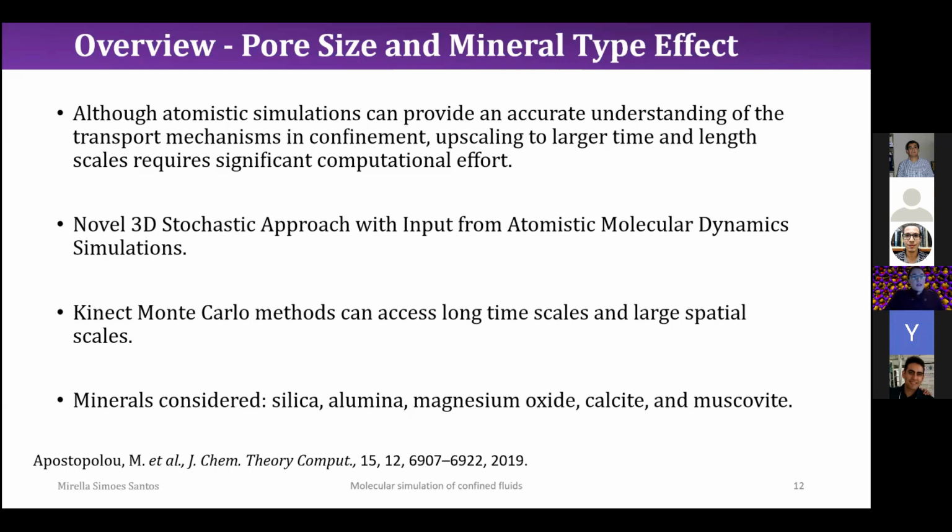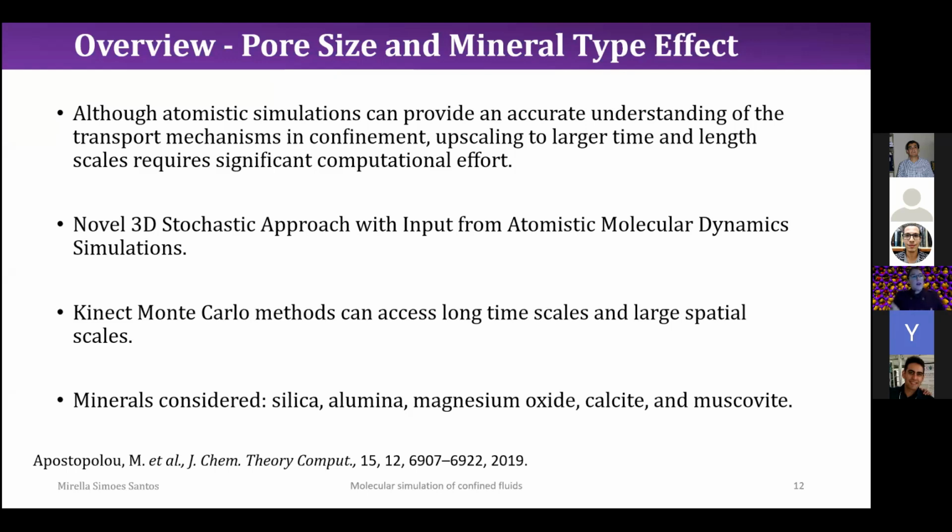And so here, one of the things that we are proposing is to couple information from atomistic simulations, which we know can provide an accurate understanding of transport mechanisms in confinement, but upscaled to the larger time and length scales that are required, because of the limitations that we have due to computational time using atomistic simulations.